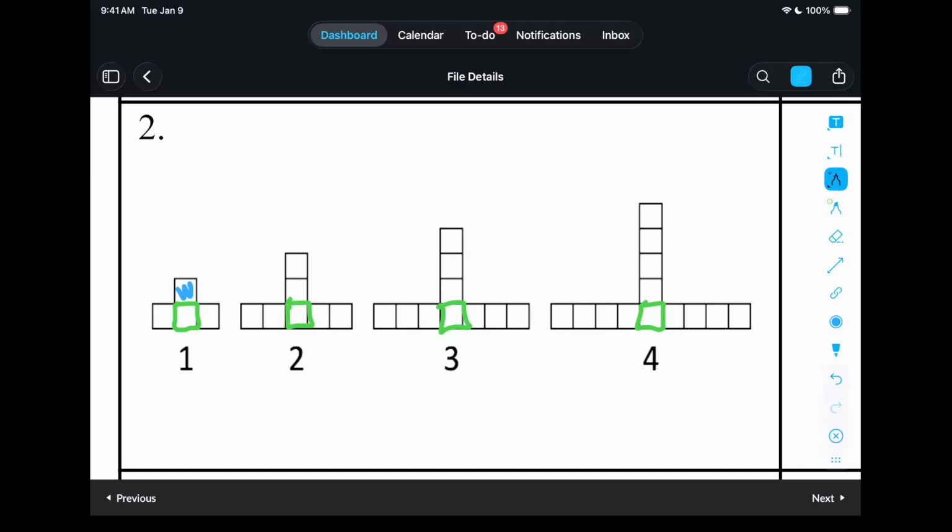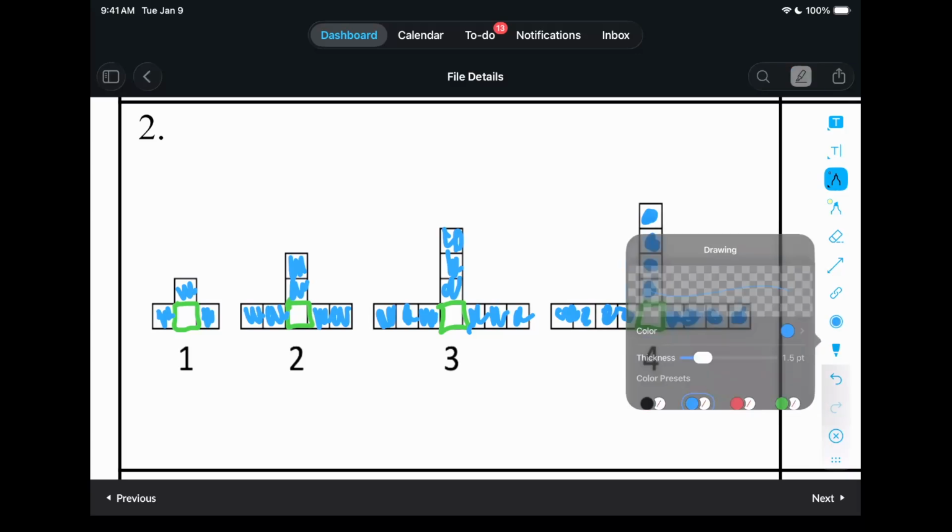So you find the 1. Here it is. There's 1, 1, and 1. You find the 2. 2, 2, and 2. You find the 3. All right, and so forth. So this would be the 4. So this is another way to look at it.